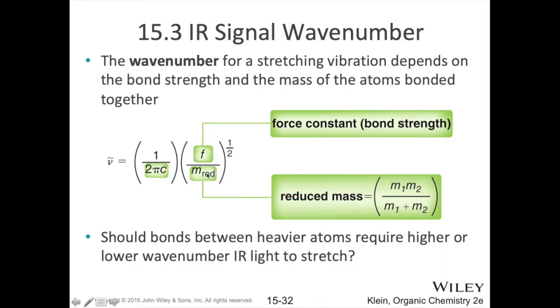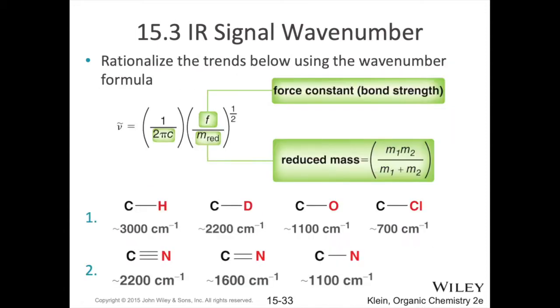In other words, the heavier your atoms, the lower your wave number. Something to keep in mind when you're comparing different types of stretches and trying to figure out where these peaks will show up, with what wave numbers. So let's see some examples, and you can see this in practice.